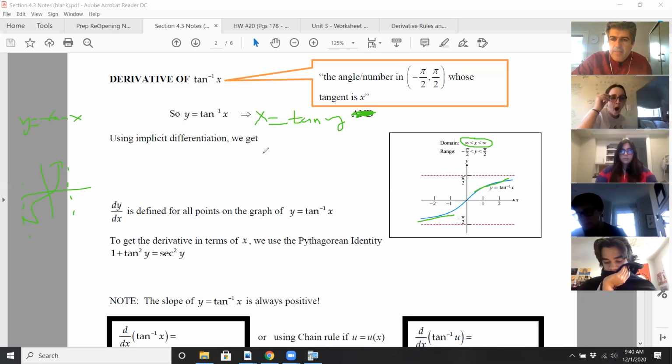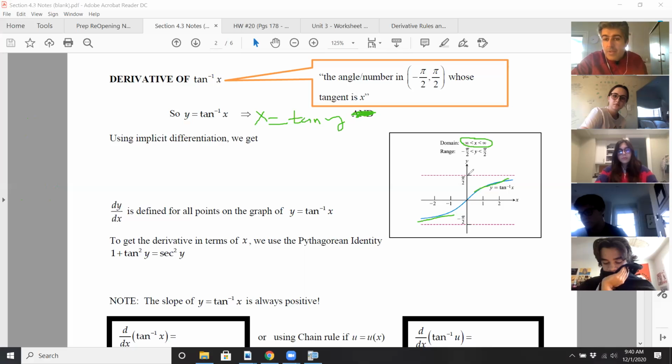So you kind of see things reversed here. But now the domain is all real numbers for inverse tan, and the range is restricted. And we do have a default range from negative pi over 2 to pi over 2 because the graph actually would repeat itself like this and would fail the vertical line test. So you have to restrict the range to avoid a failure of the vertical line test.